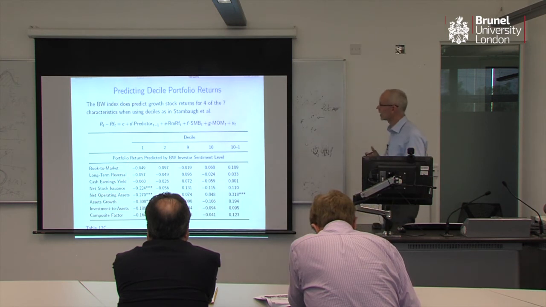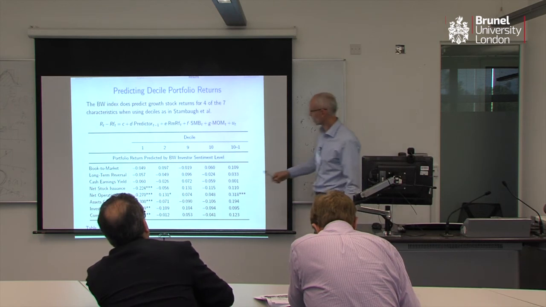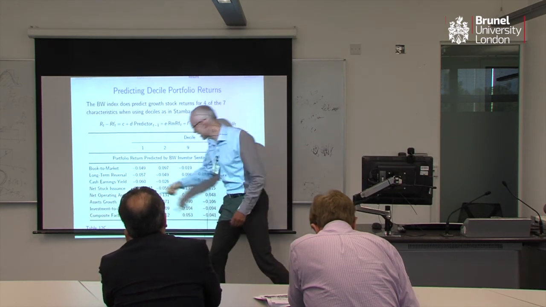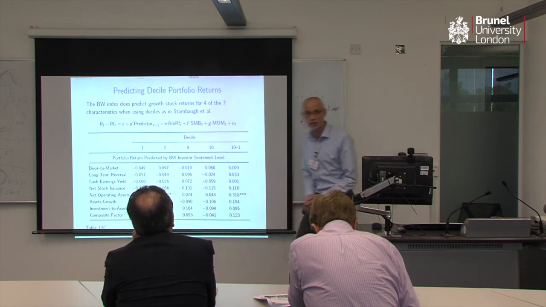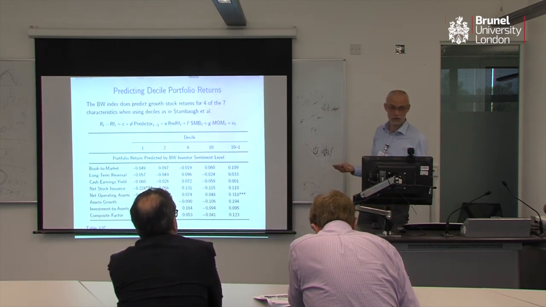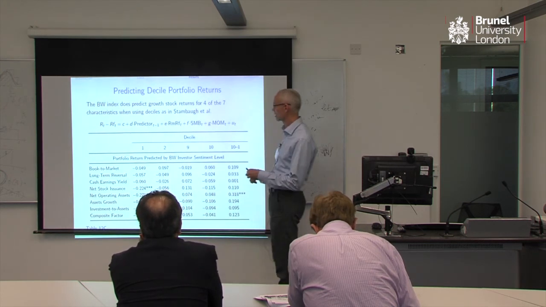And it turns out that if you do a similar exercise, Baker-Wurkler does in fact predict the short side, namely the growth stocks. It doesn't predict the value stocks, but it does predict the growth stocks for some of the characteristics that we've looked at.